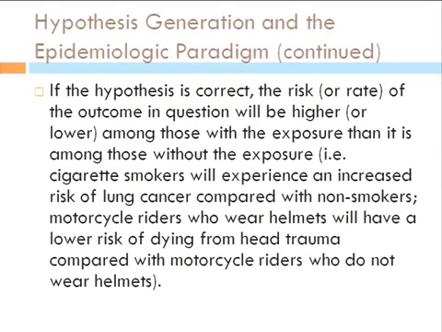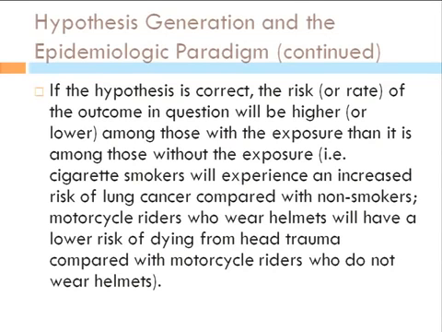So if the hypothesis that you postulate is correct, the risk or the rate of the outcome in question, whether it's an increased or a decreased risk, will differ among those with the exposure compared with those without the exposure. The idea is, if your hypothesis is correct, cigarette smokers will experience an increased risk of lung cancer compared with non-smokers.